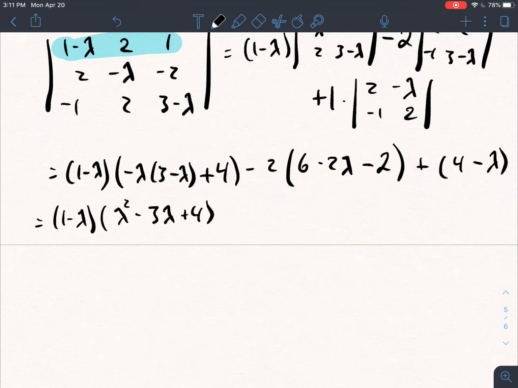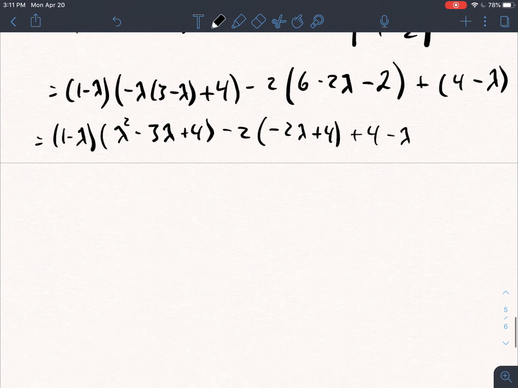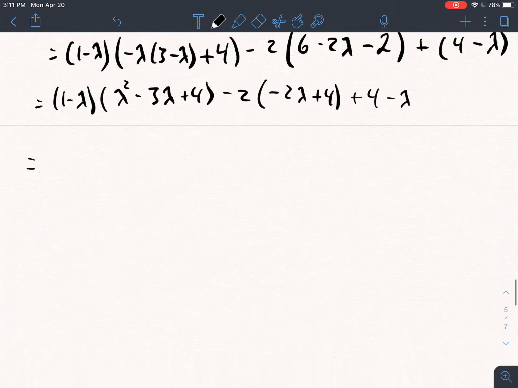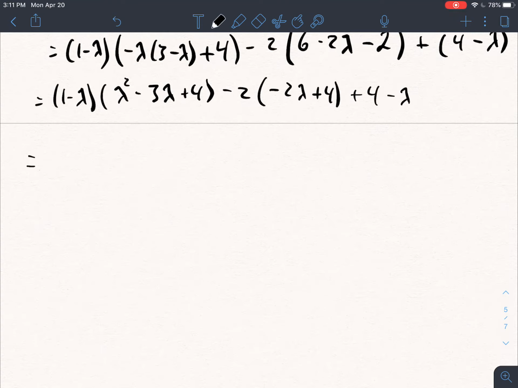So, all right, this would be lambda squared minus 3 lambda plus 4, right? And then this right here would be minus 2 times negative 2 lambda plus 4 minus lambda. Okay. Let's distribute the negative lambda to everything first.